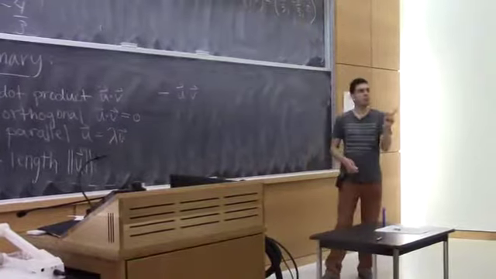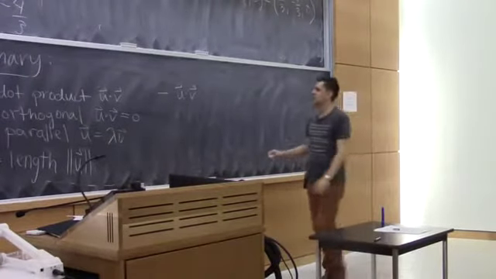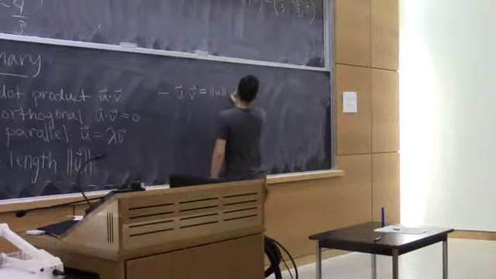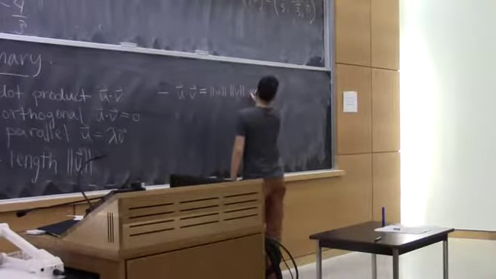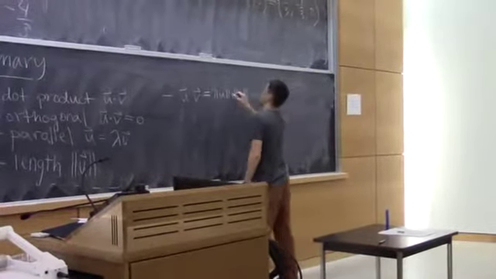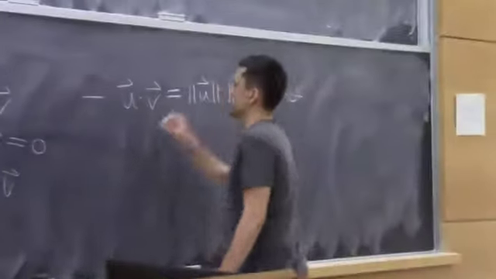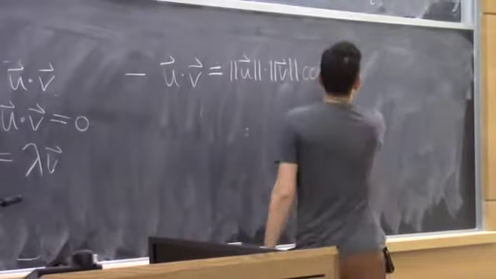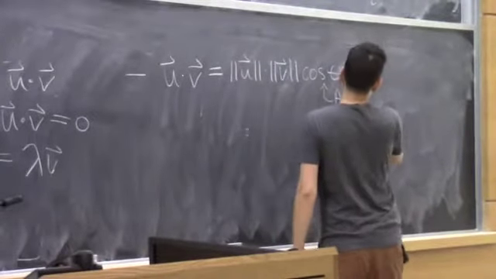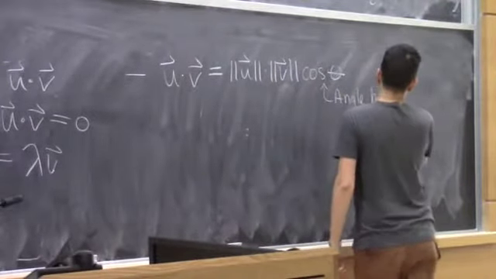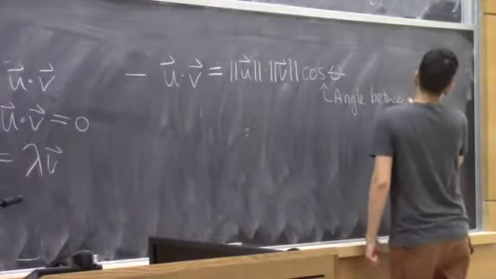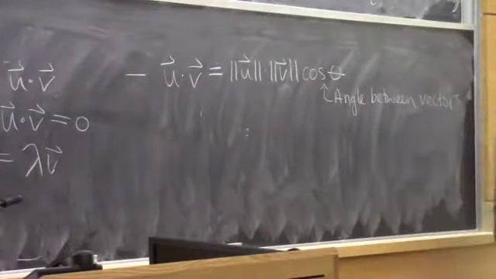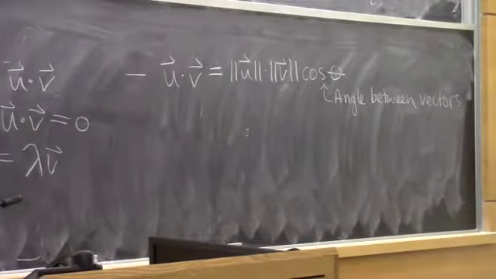But there's one proofy question in the homework, and we need to know about angles to do it. So, okay, this is our definition for the angle between two vectors. Okay, yeah, so we saw angle between vectors.